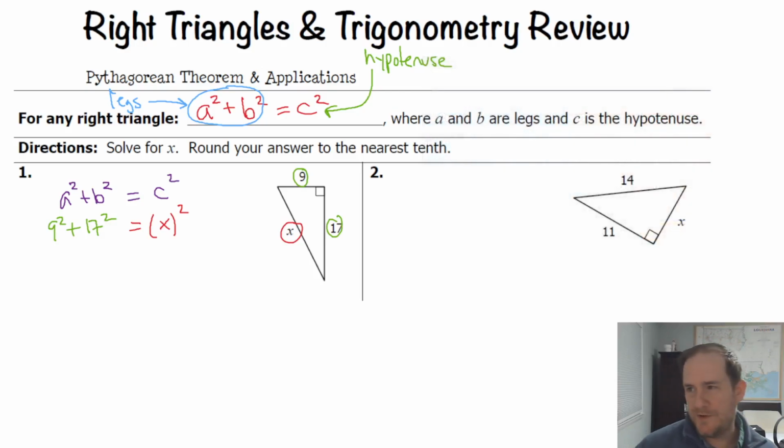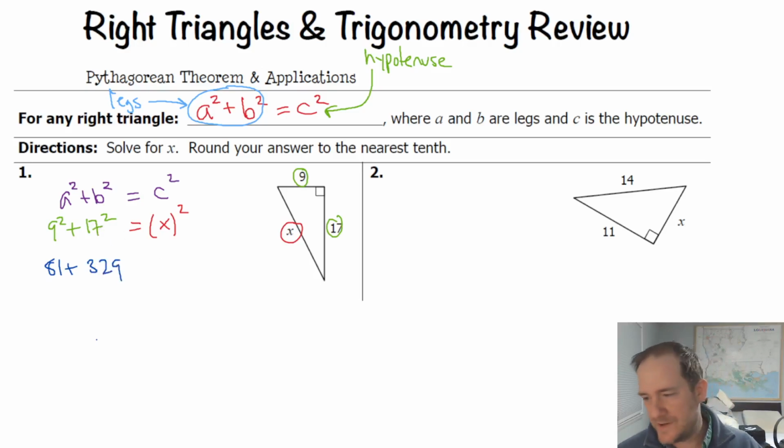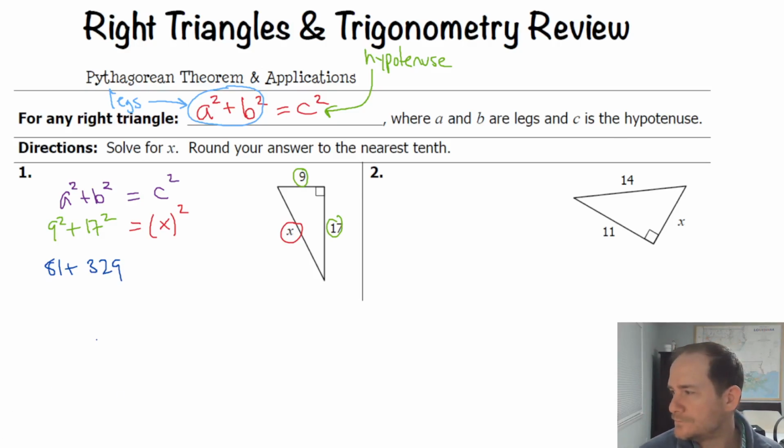Just fill those numbers in. We just said 9 squared gives 81. The 17 squared gives 289. Now I feel like I want to double check that. 289. Yeah, okay. And that's x squared.